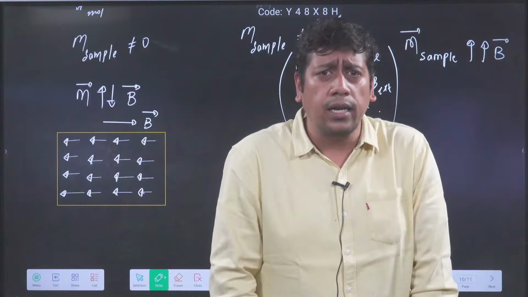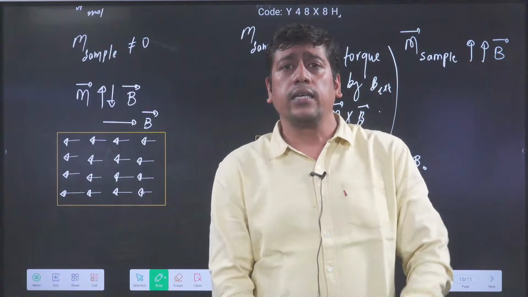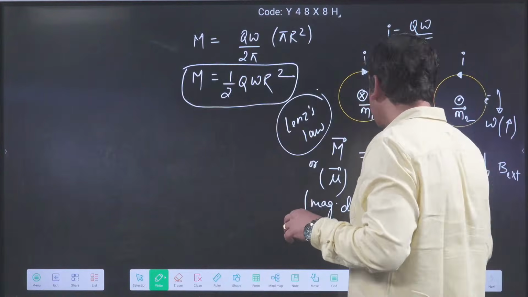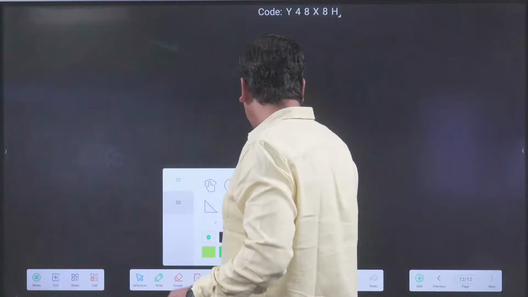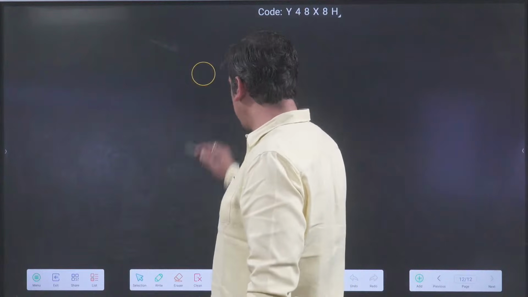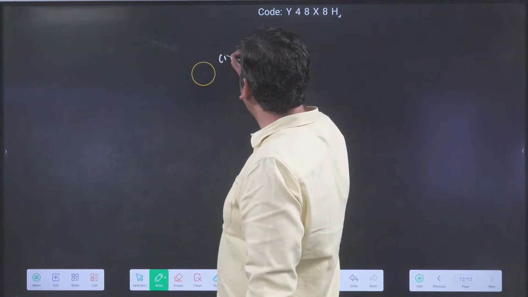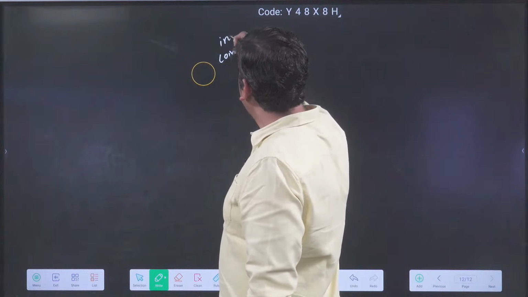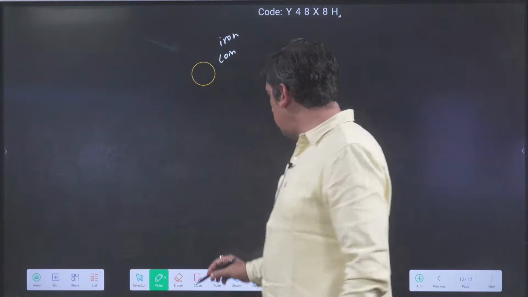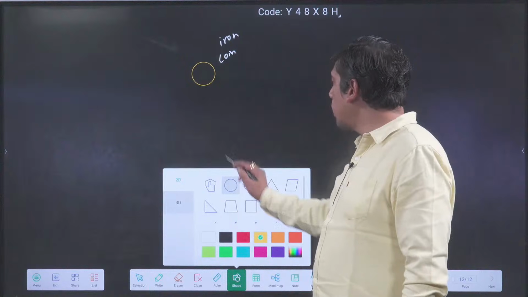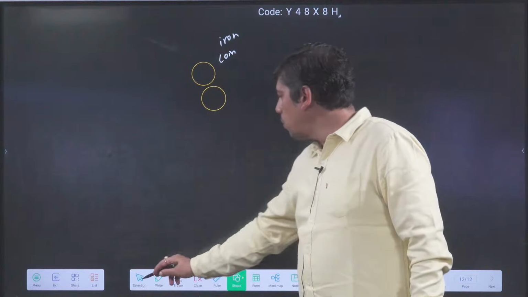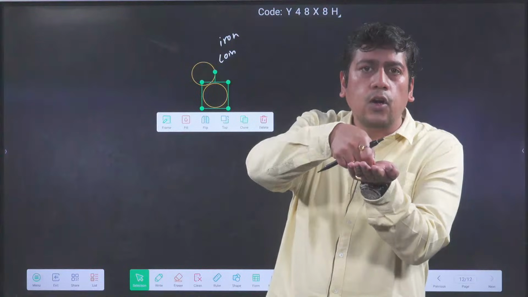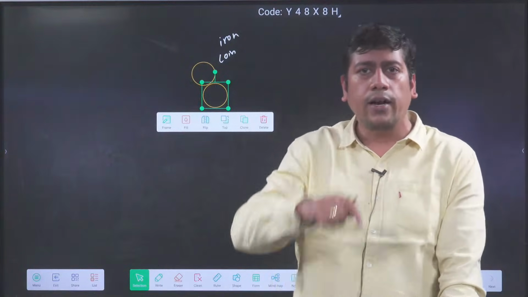Now, one term I have used: material is magnetized. What do we mean by material is magnetized? Think like this: you take a coin, an iron coin, a ferromagnetic coin. Now, if you take another coin and try to bring it in contact with the first coin, do you think the first coin will attract the second coin?